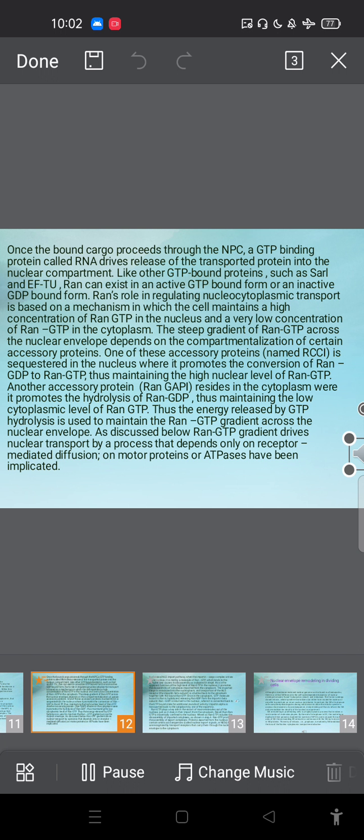As discussed below, the RAN-GTP gradient drives nuclear transport by a process that depends only on receptor-mediated diffusion; no motor proteins or ATPase have been implicated.